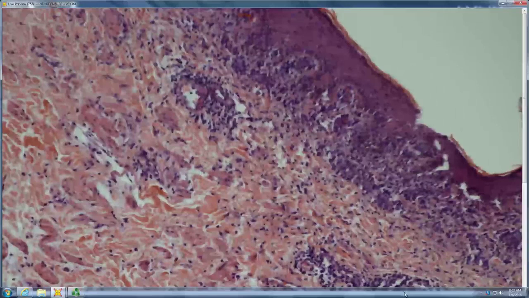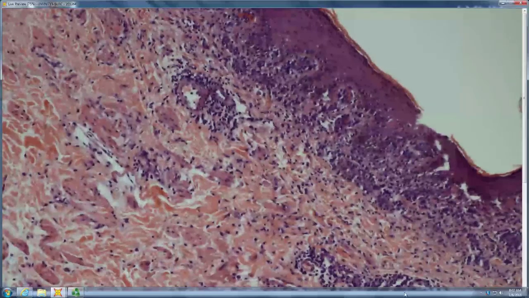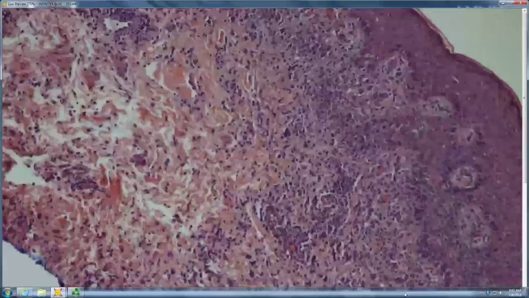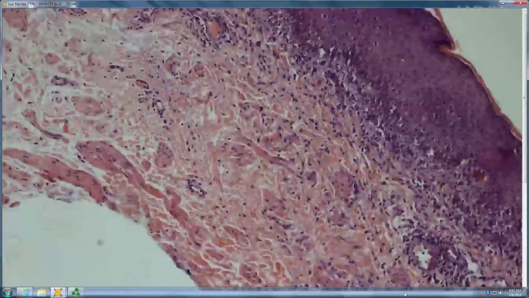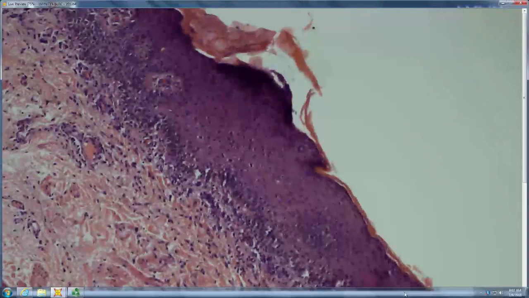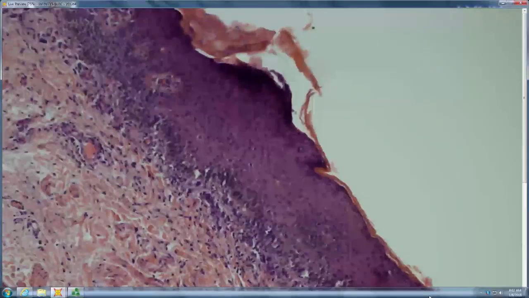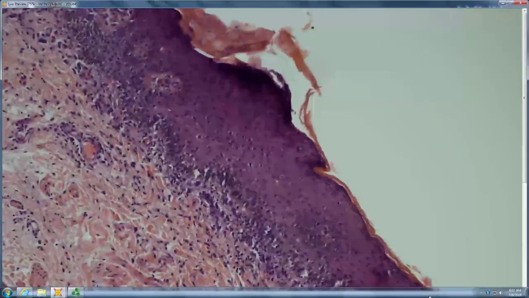So this slide is the first I consider of the syphilis. So it can be acanthosis or effacement, often combinations of spongiosis or interface. This one's mainly just interface.